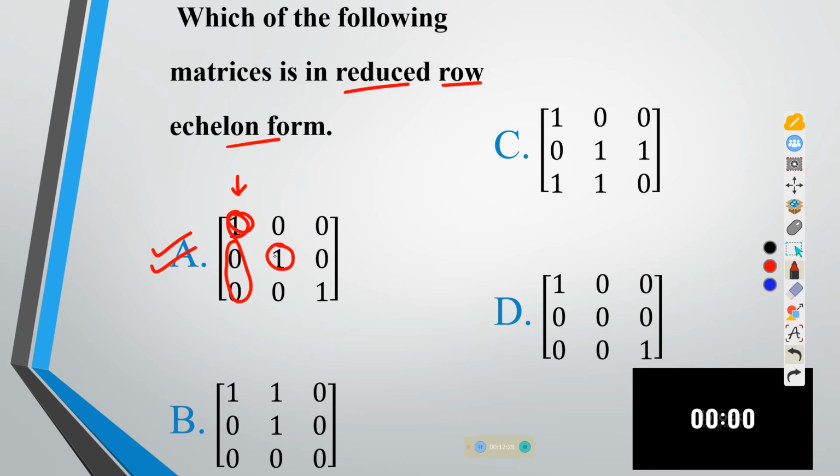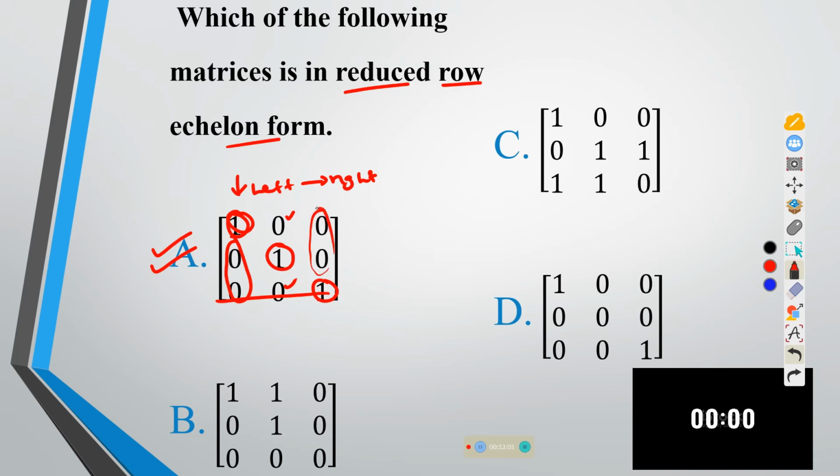Here we have a leading 1 in this row, moving from left to the right, and all other entries in that column where we have a leading 1 are zeros, like this one and this. Then when we come to this row, you realize we have also a leading 1, and in this column where we have a leading 1, all other entries are zeros.